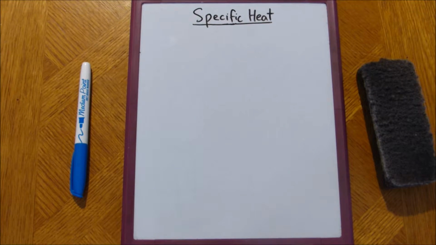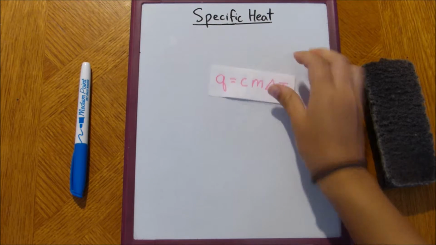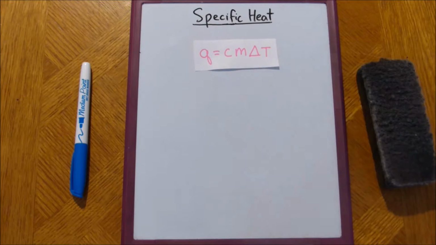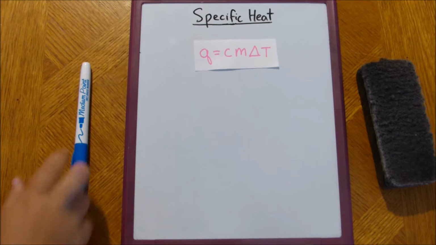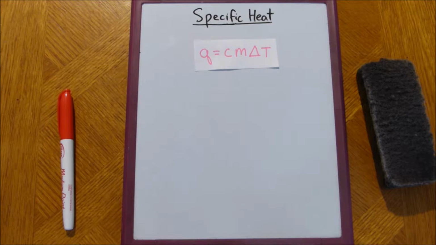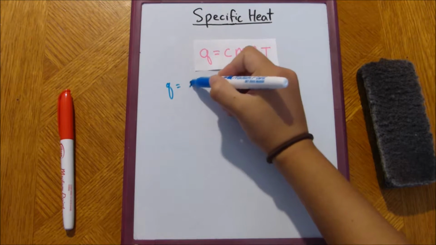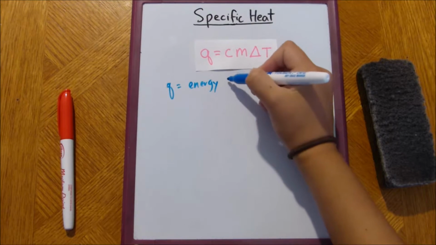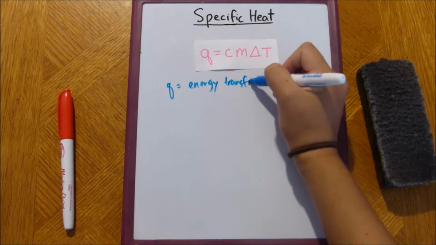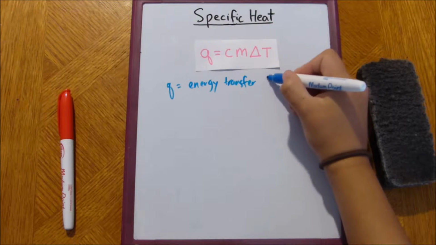So now let's talk about the actual equation we use when solving for specific heat problems. So typically our Q is energy transfer between two items, and this is typically in joules.